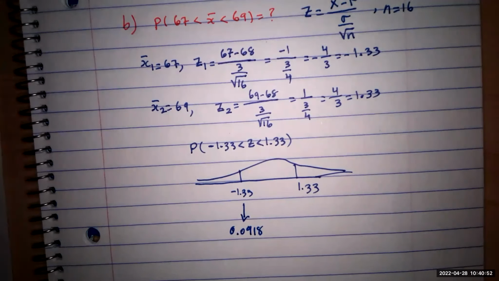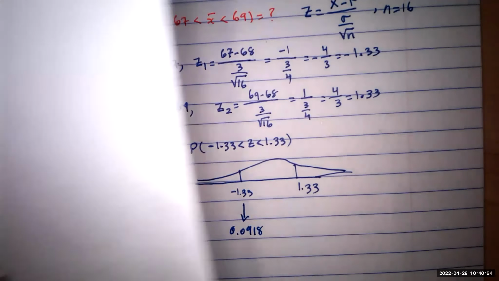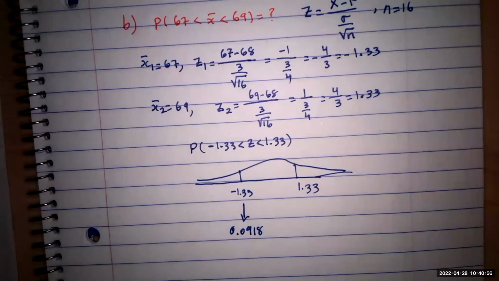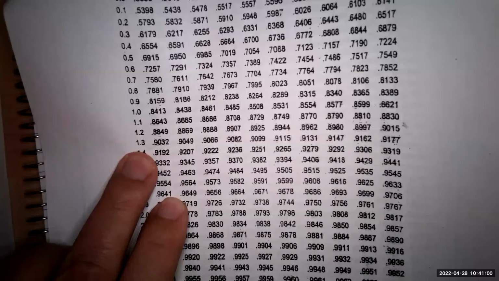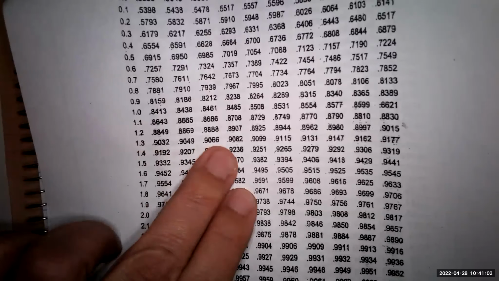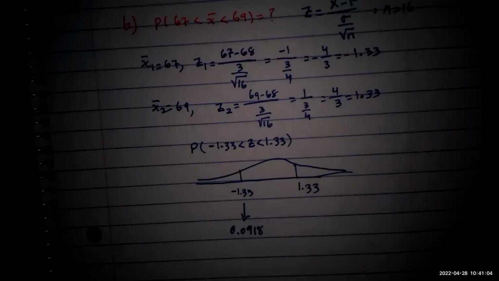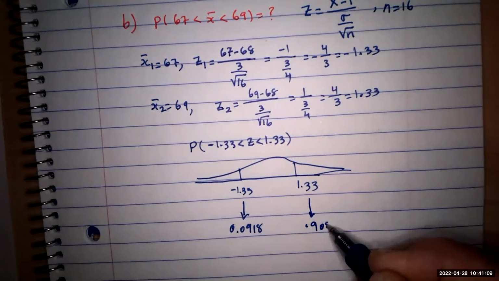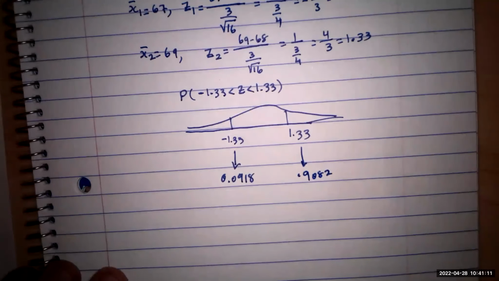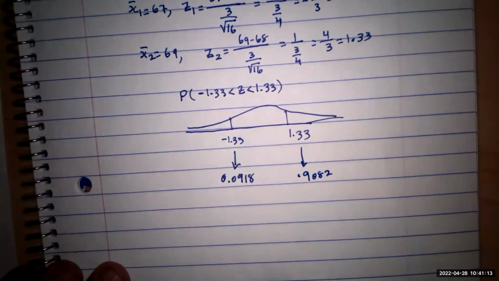For the positive, okay, that would be positive 1.33. There's a 3 here, 0, 1, 2, 3, 0.9082. Okay, you subtract that, and give it the result.